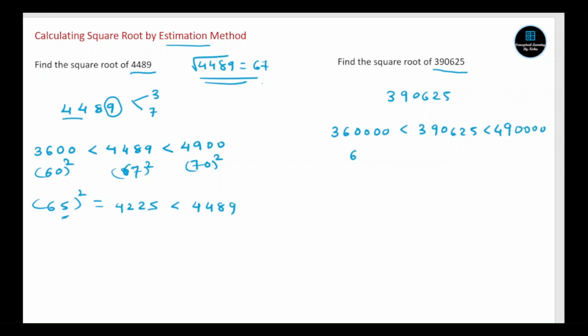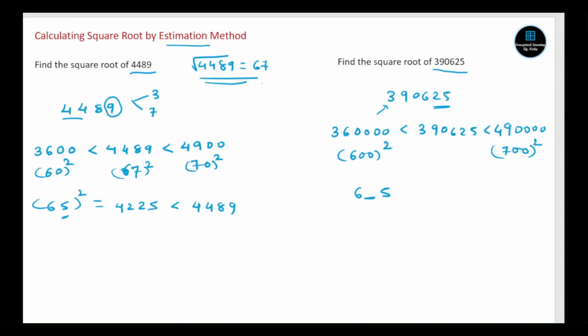So I know that this is 600 squared and this is 700 squared. Again the same logic. Now this number is very close to this. As the number is ending in 25, right? So the end of this is some digit and ending in 5, right?